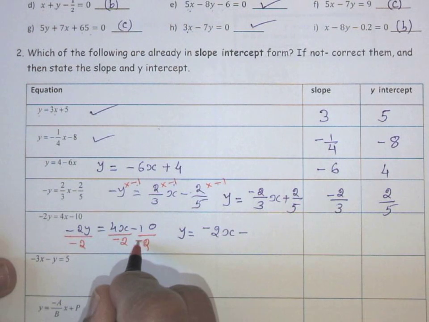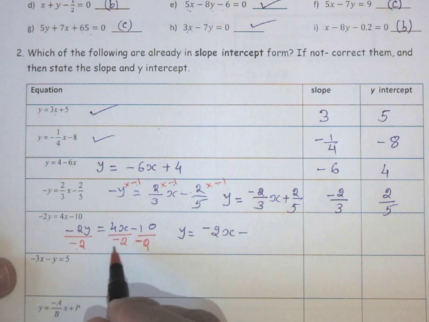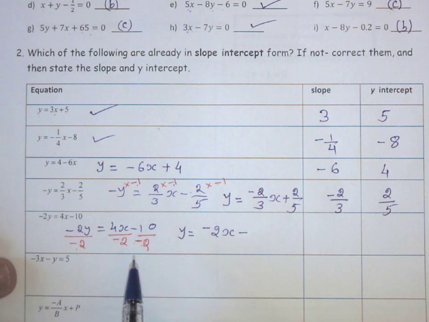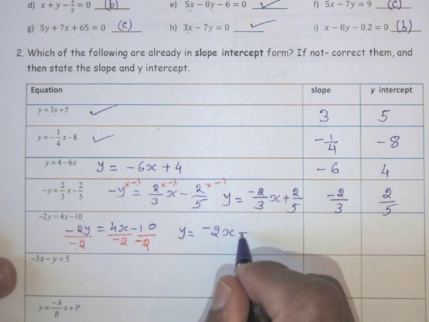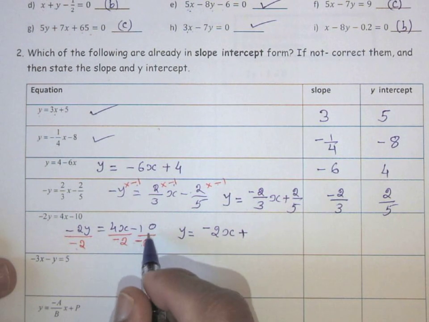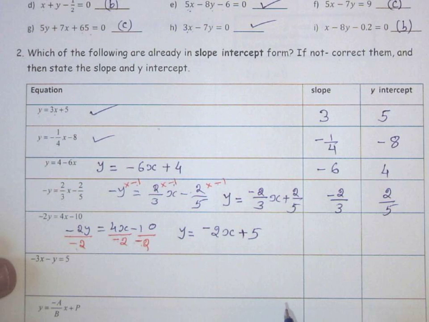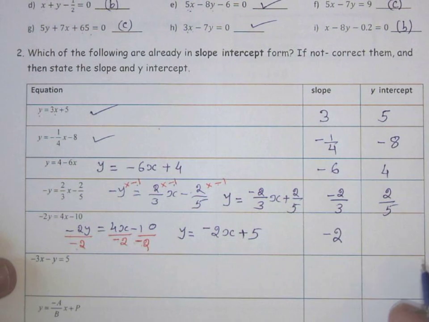So every term had to be divided by negative 2: negative 2, negative 2, negative 2. Here we have negative 10 divided by negative 2. That becomes positive, and thereby you're going to get 10 over 2, which is 5. So therefore, the slope in this case is negative 2, and the y-intercept is 5.